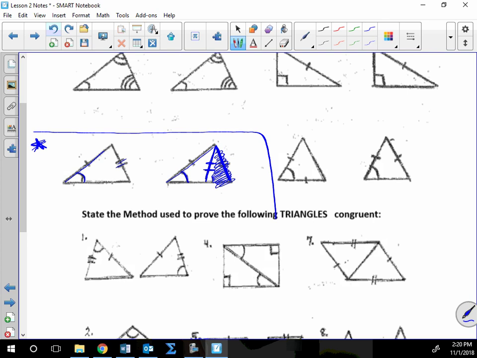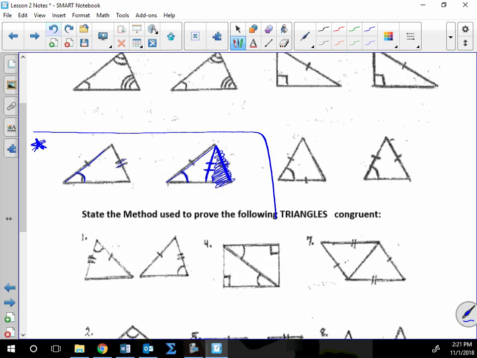Questions with that? When you get to pre-calculus, should you decide to take that, you're going to use law of sines, law of cosines, and when you encounter this type in law of cosines, you have to decide whether or not it makes one triangle, two triangles, or no triangle. So that's complicated. But still, it does not guarantee that they're congruent, so we have to say not enough information.